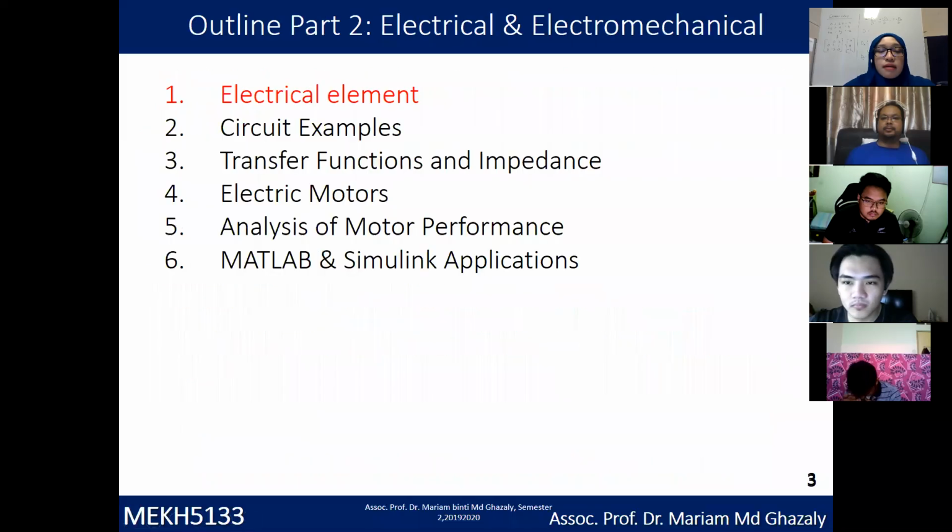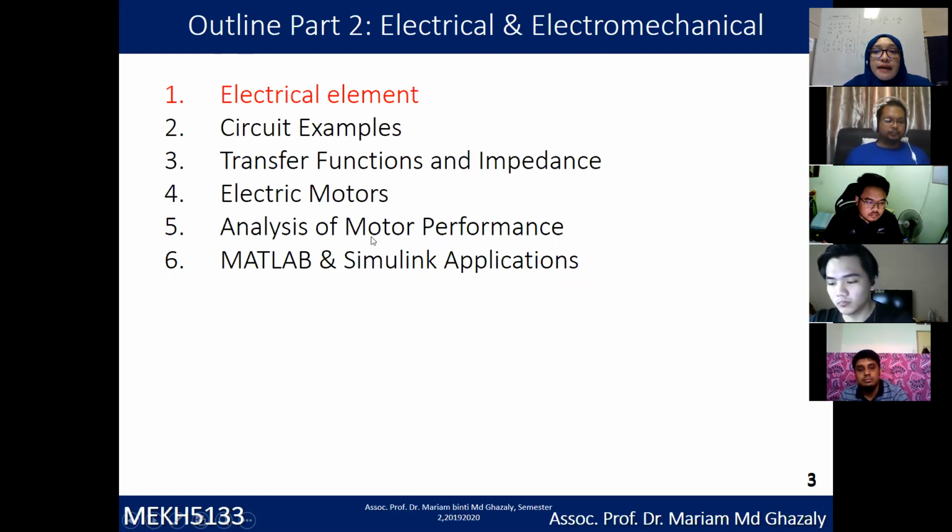Directly to the contents for today. You have the electrical elements, and RLC circuit examples for series and parallel. When you have a complicated electrical system, what are the transfer functions and how you can transform it into impedance.